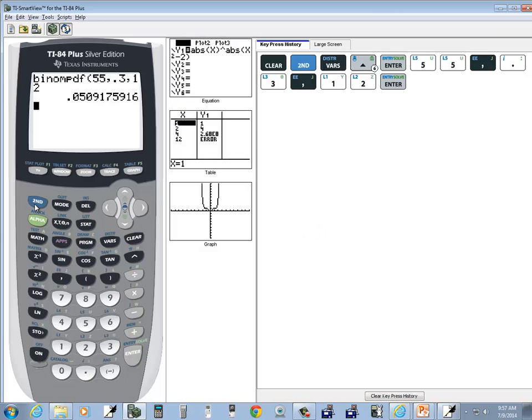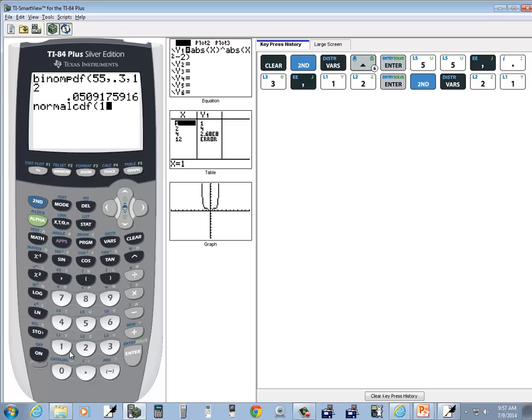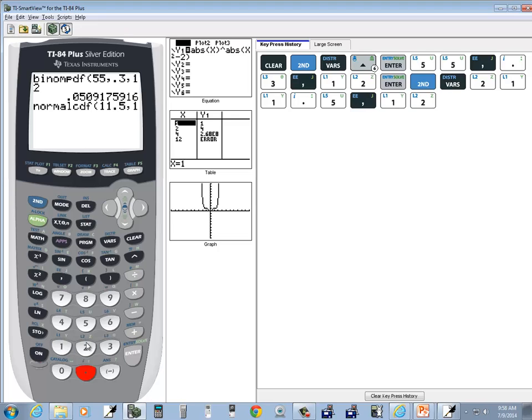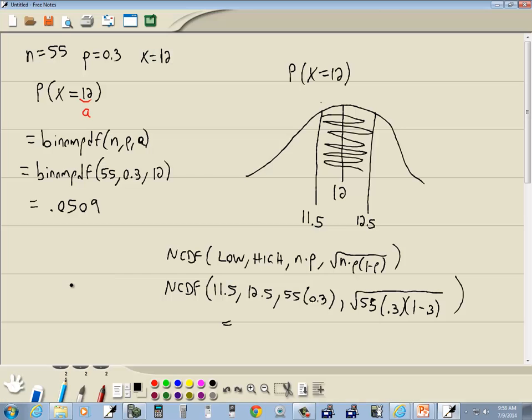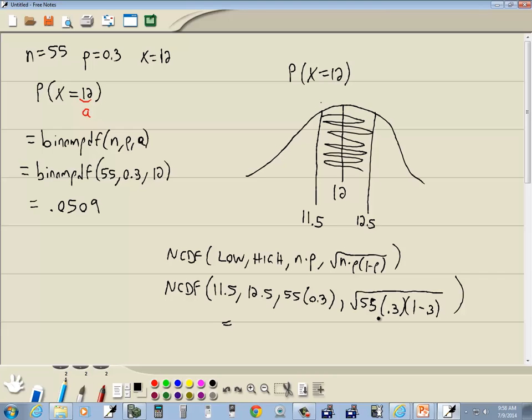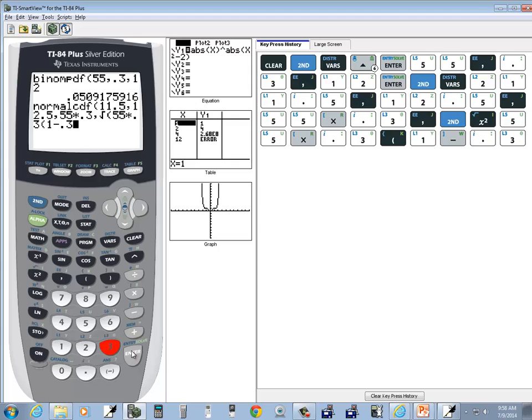Second vars, choose normalcdf, 11.5, comma, 12.5, comma, 55 times 0.3, comma, square root, we'll do second x squared, 55 times 0.3, and I'll put a beginning parenthesis, 1 minus 0.3. And then press enter.